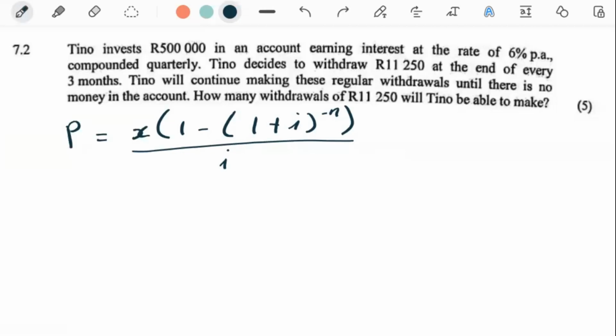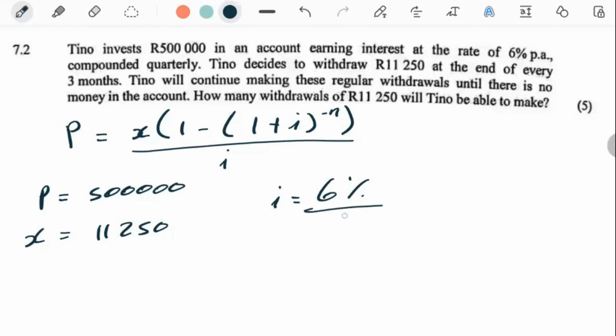So what we need to keep in mind with a question like this is the following. P is 500,000. x is 11,250. Our interest is 6% per annum compounded quarterly. So that would mean 6% over 4.